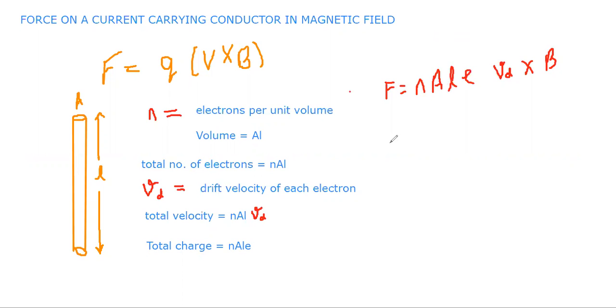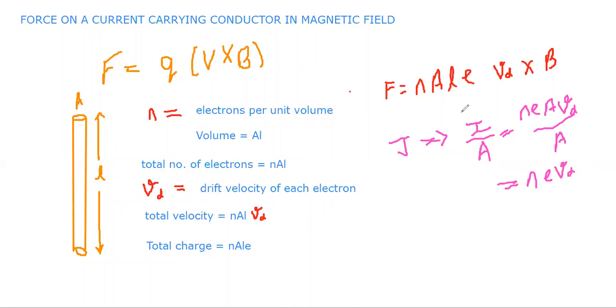It was denoted by J, and its basic formula was I by A, where I was NeAVd.